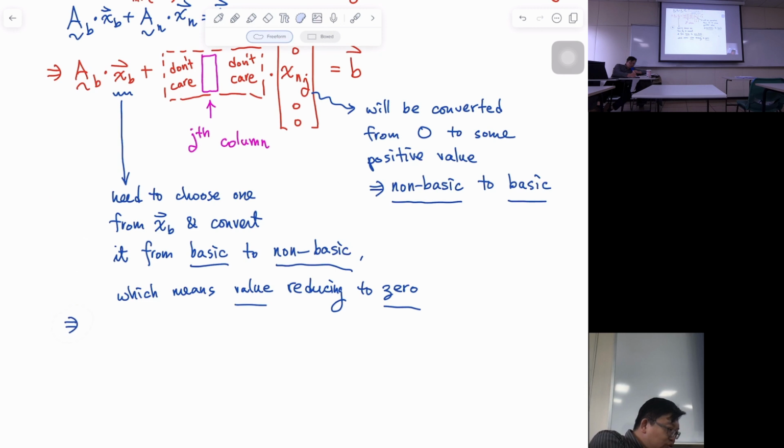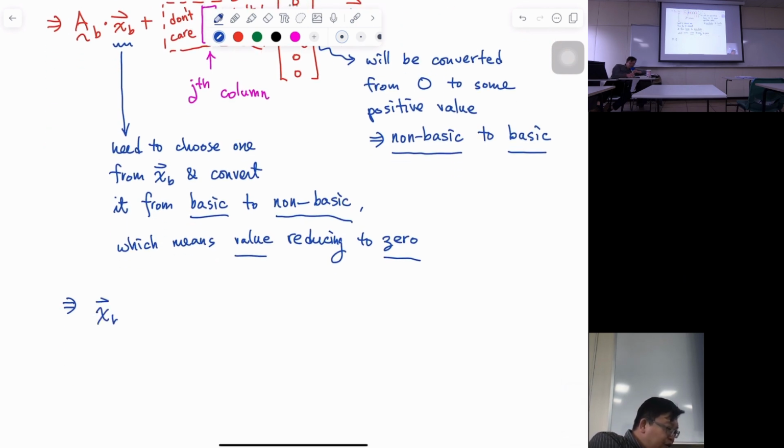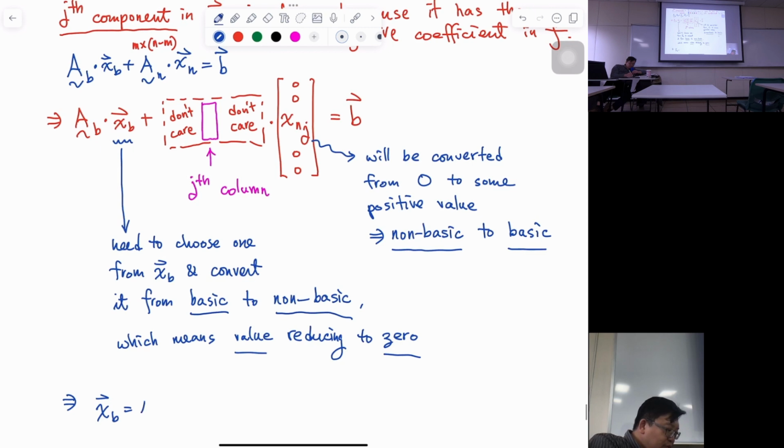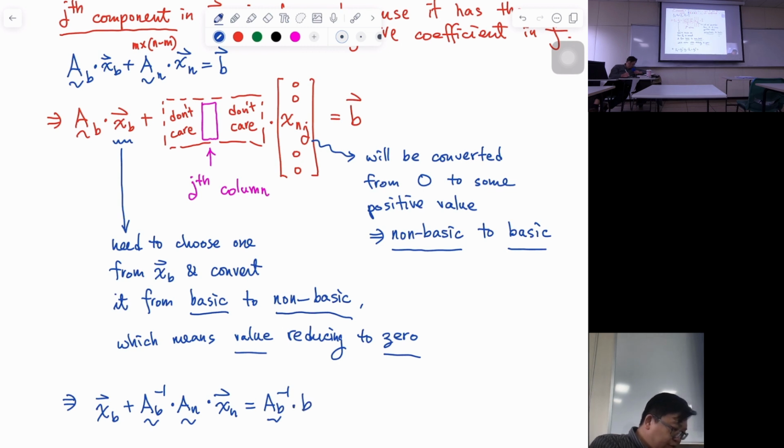So to do that, we are going to rewrite the equation into the form of xB. So xB equals AB inverse b minus AB inverse AN xN.